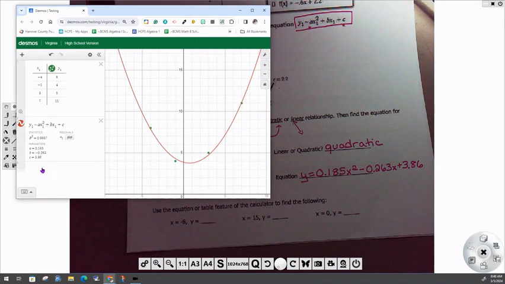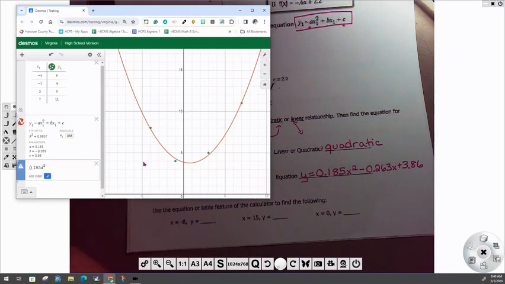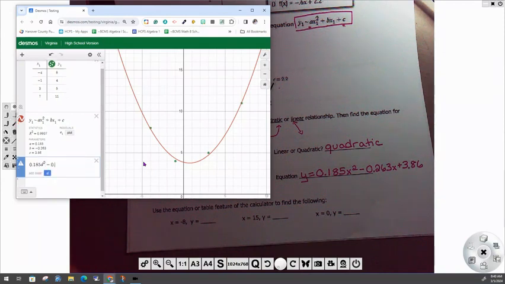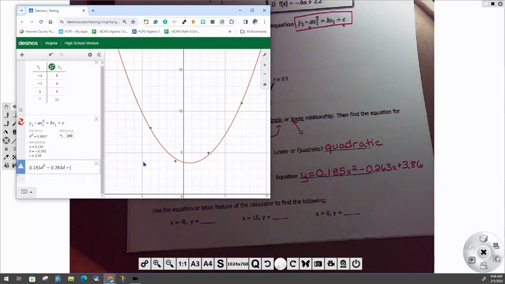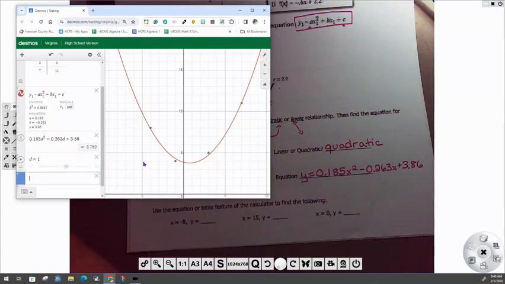Okay, so we're going to go into Desmos and we're going to say 0.185 a, well, we're going to use d because we don't have a value for d yet, squared minus 0.263d plus 3.86. And we're going to identify my d point as, on my notes, it wants -8. So we're going to do -8 first.